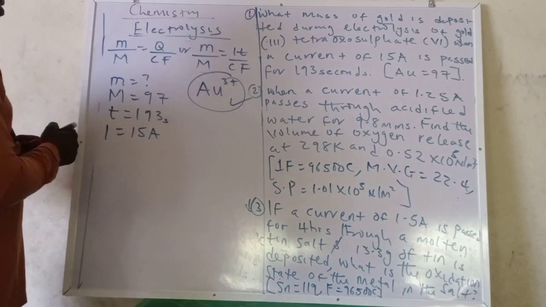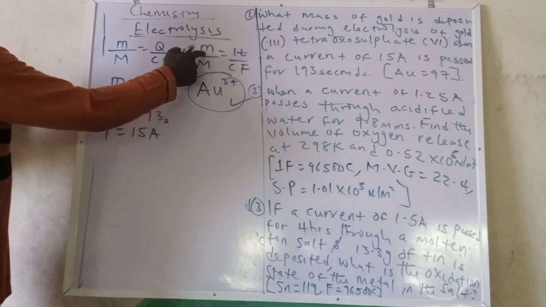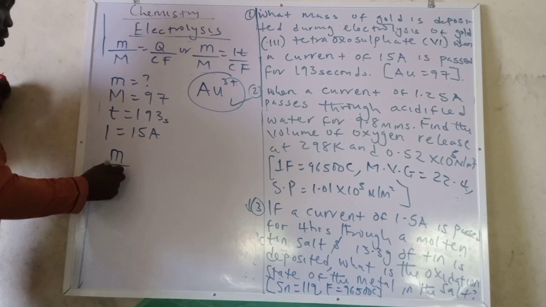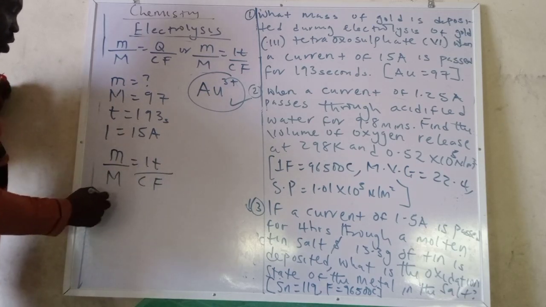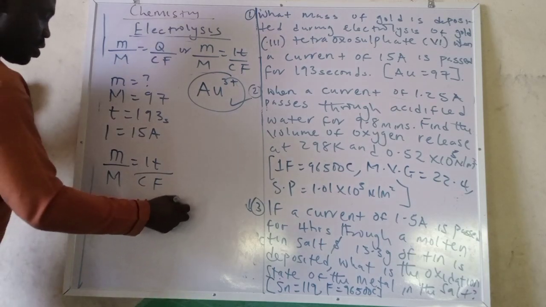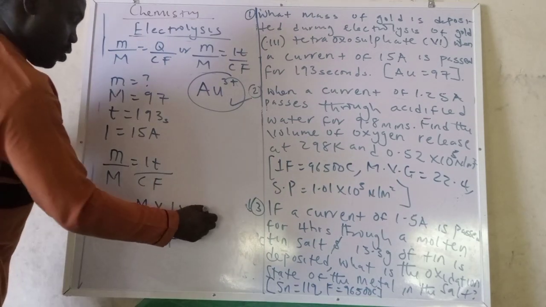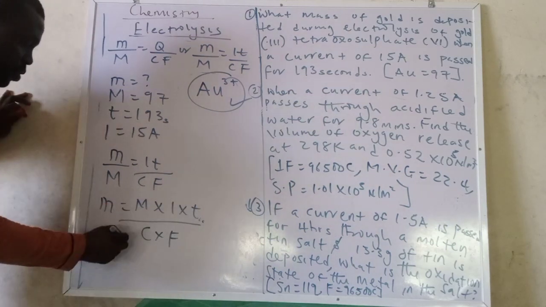So using this formula, we are looking for mass. You make mass the subject of the formula: M equals molar mass times I times T over CF. Let's bring it down.